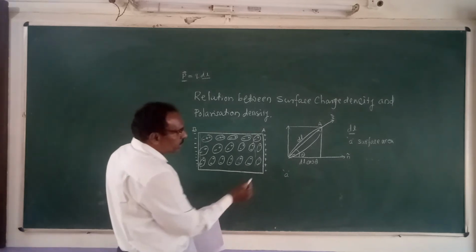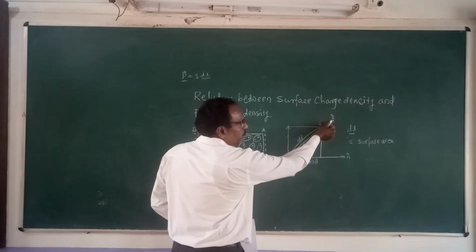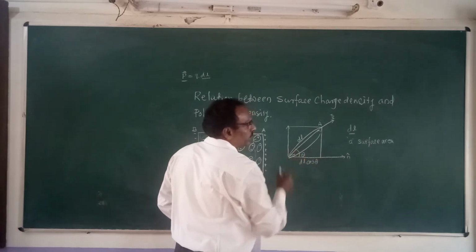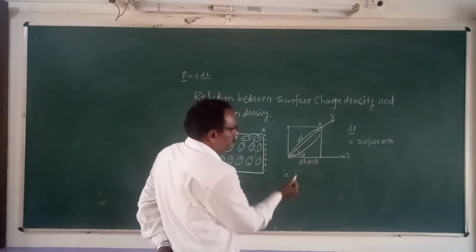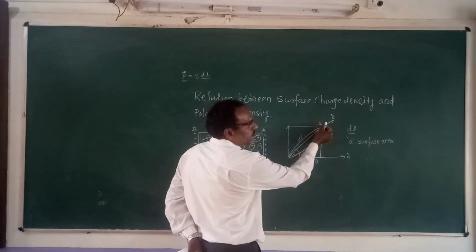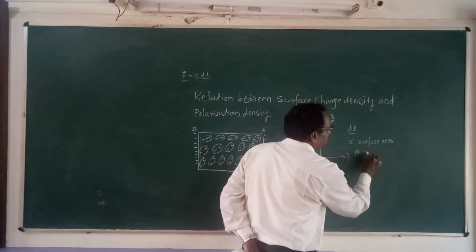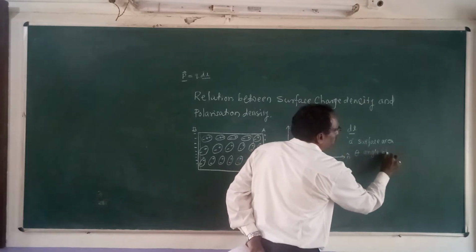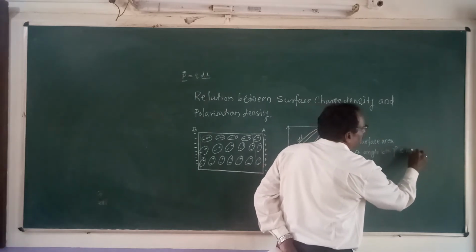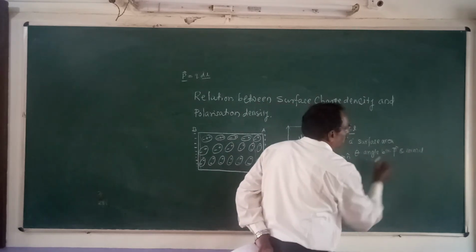And see, this theta is the angle between the density vector P, what is called the polarization density vector, and a normal drawn to it. That is theta, the angle between P, the dipole moment, and the normal or unit vector here. So theta is the angle.